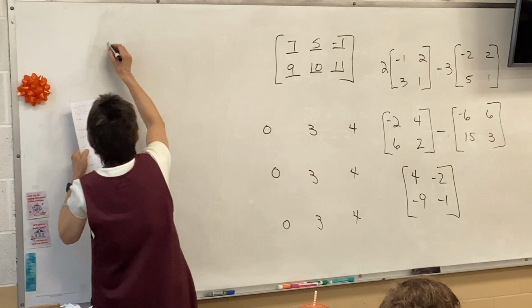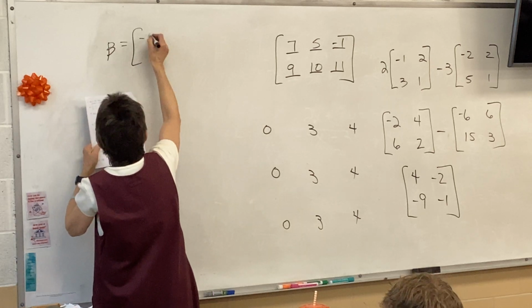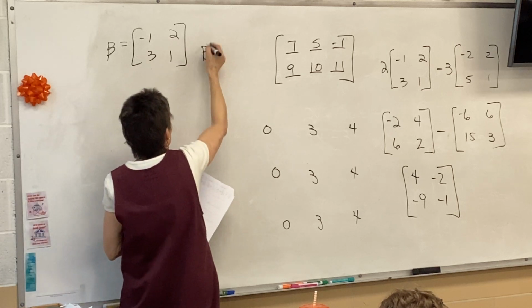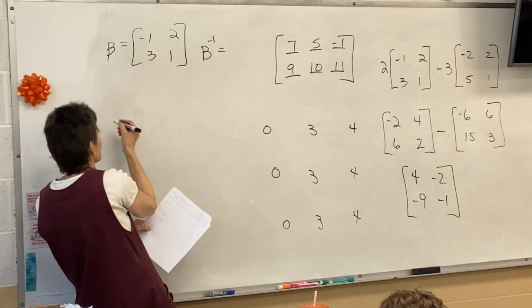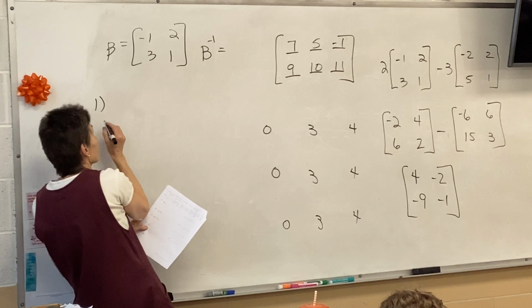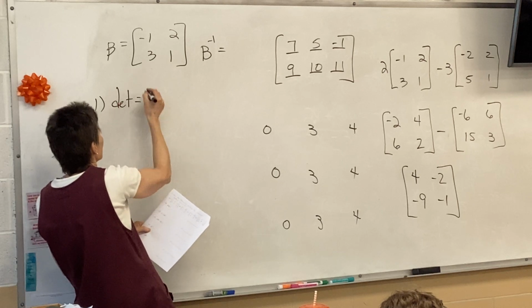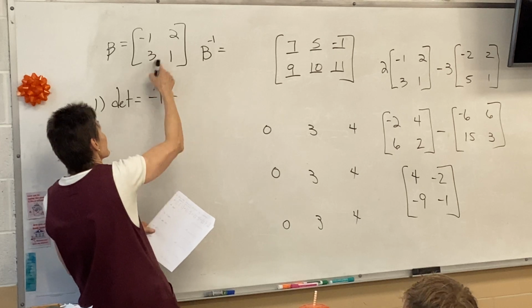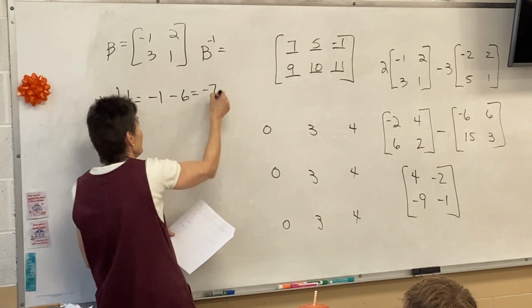What are our steps? Here's B. How do we find the inverse? What do we need to do? Find the determinant. So the determinant will be -1 minus 6, -7.